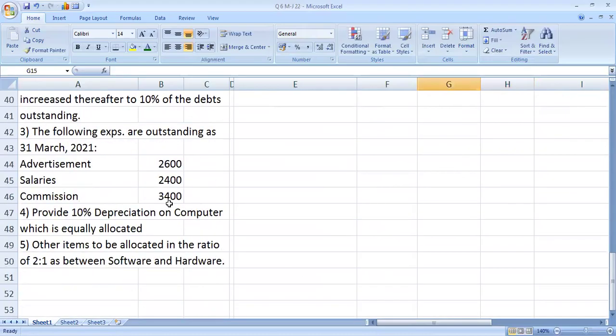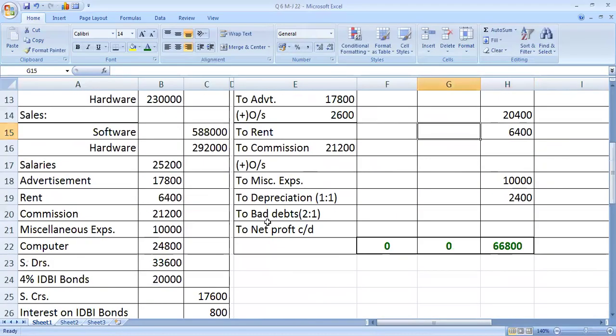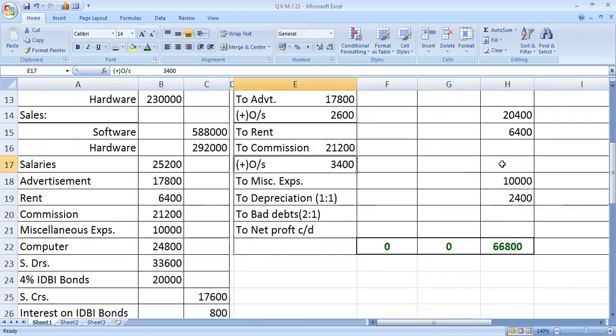Third item, commission 3,400, add in commission 3,400, 21,200 plus 3,400, 24,600.